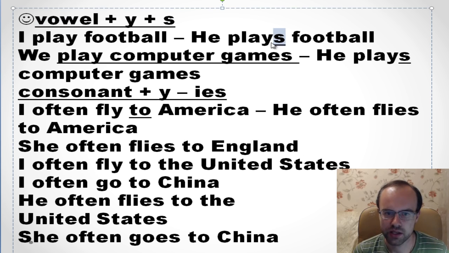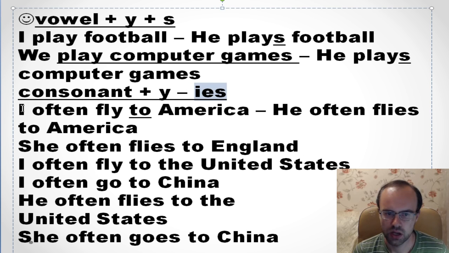So you have s because a is a vowel. I play football. Look, we play computer games. He plays computer games. If you have a consonant before y, so you have i, not y, i, and you have es.